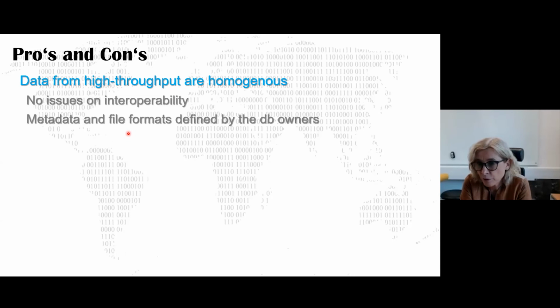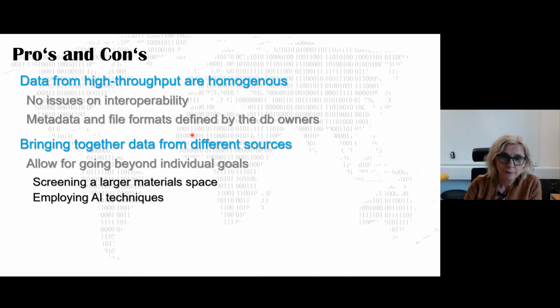So there is no issue of interoperability. However, metadata are still crucial, and the owners of these databases are very free to define file formats and metadata according to their wishes and needs. That's one thing.